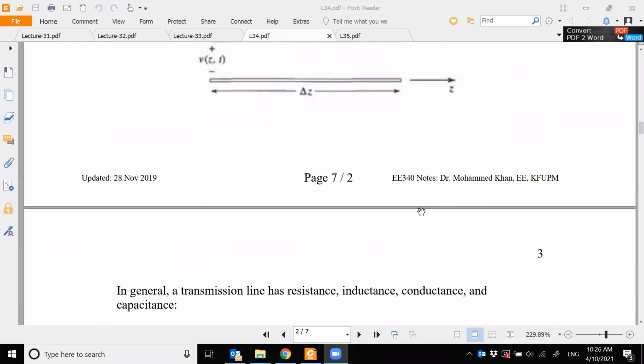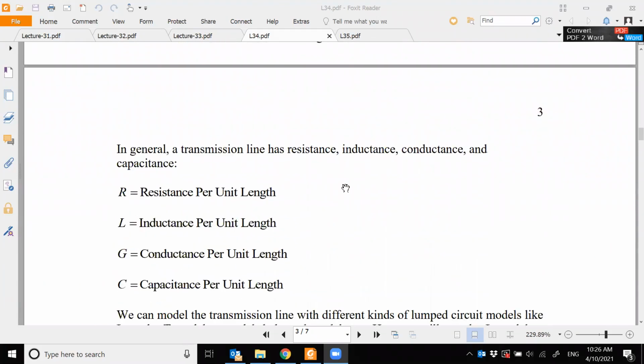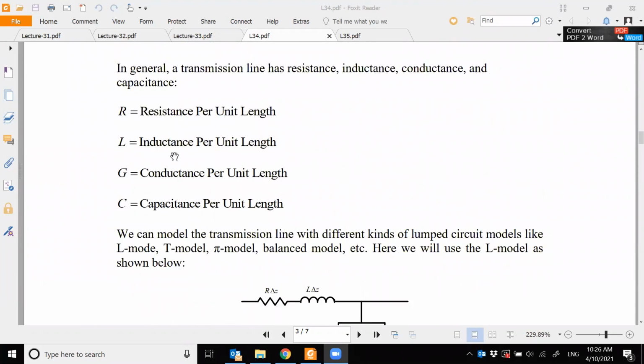So how do we do it? First, we assume these are the characteristics of our transmission line: resistance per unit length, inductance per unit length. Here I'm not saying R over L, I'm directly saying that R is the resistance per unit length, L is the inductance per unit length, G is the conductance per unit length, and C is the capacitance per unit length.